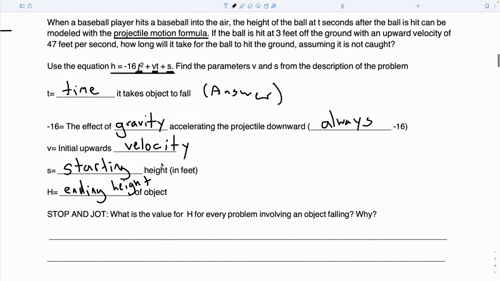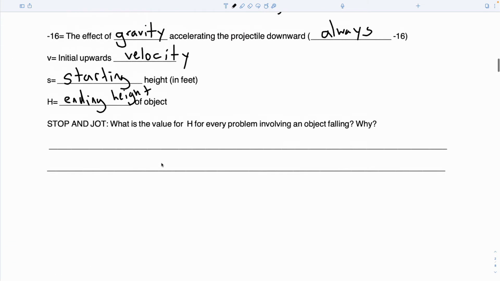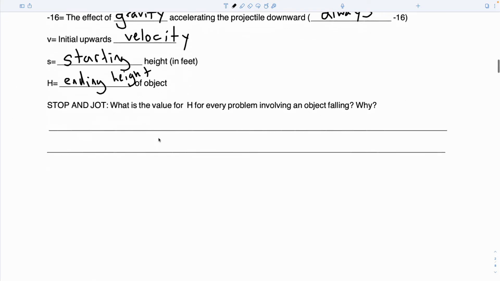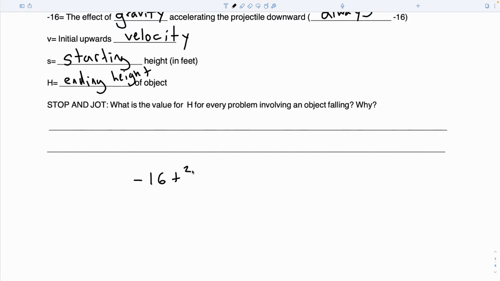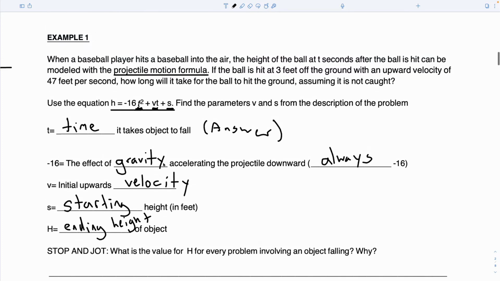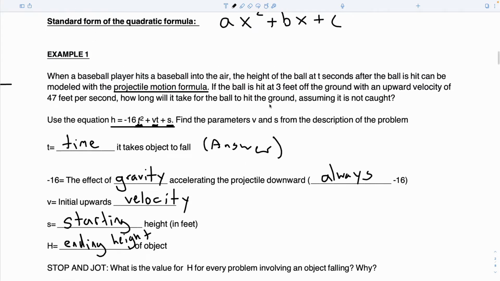Okay, so let's look up and see if we can piece together some stuff. They give us negative 16t squared, so that's my starting point. Write that here. That's already filled in. I don't have my value of v. What's the initial upwards velocity? It says 47 feet per second.